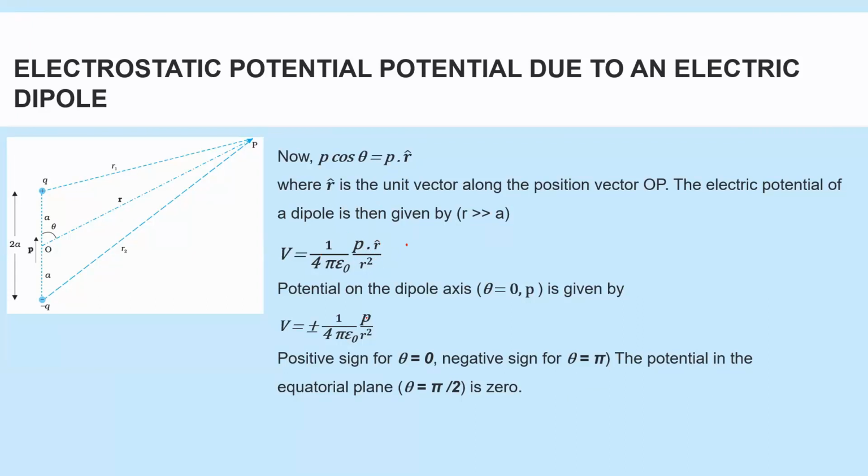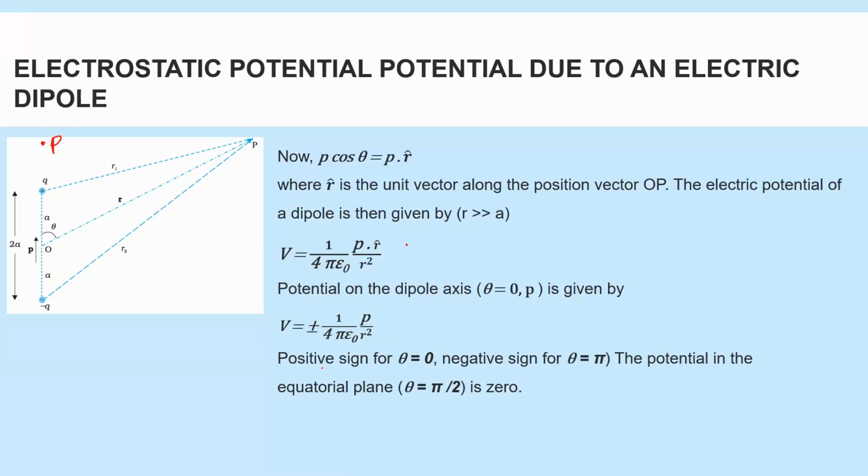If we are considering the potential along the dipole axis, where the point P is along the dipole itself, then your theta is going to be 0 or pi with respect to the charges. So what you get is plus minus 1 upon 4 pi epsilon 0 P by R square.